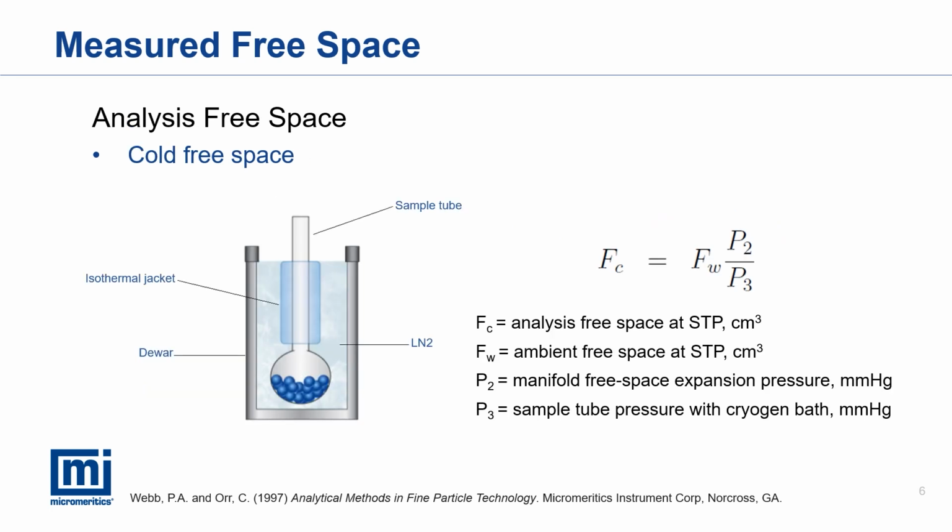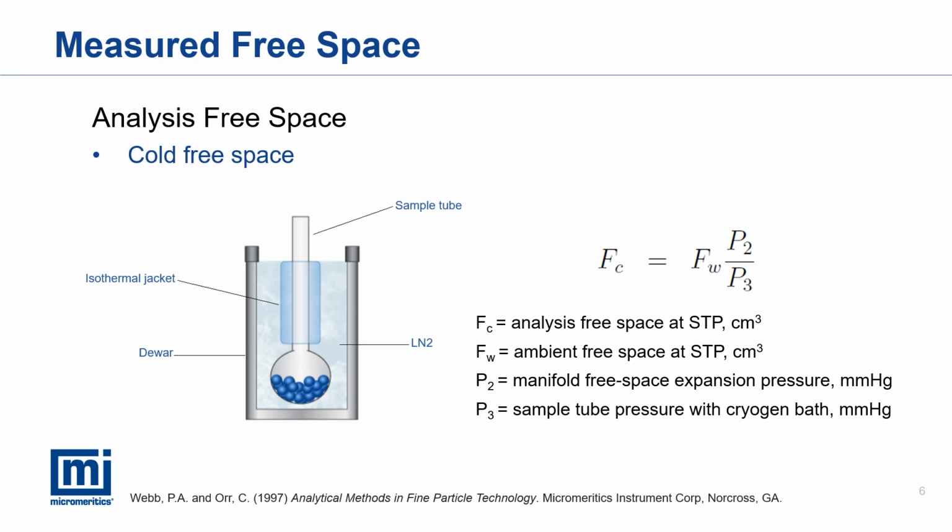Subsequently, analysis free space F_C is measured with the dewar, typically containing a cryogenic liquid such as liquid nitrogen, raised with the sample tube partially submerged. Pressure in the sample tube is measured again, P_3, and analysis free space is determined.